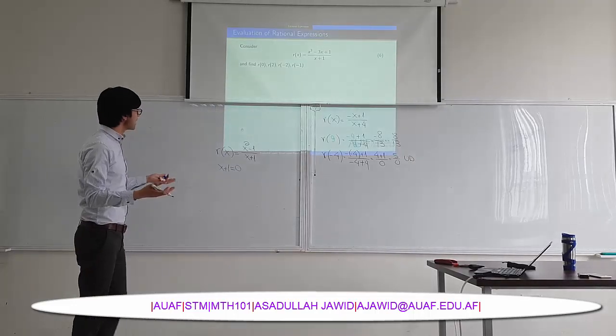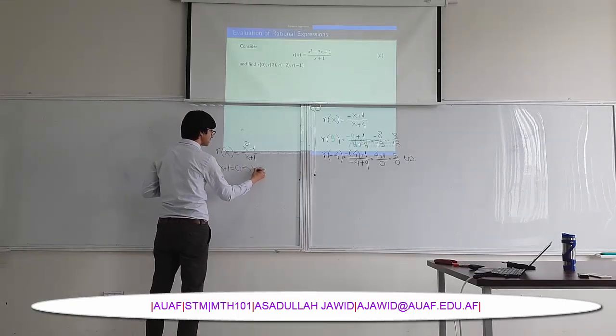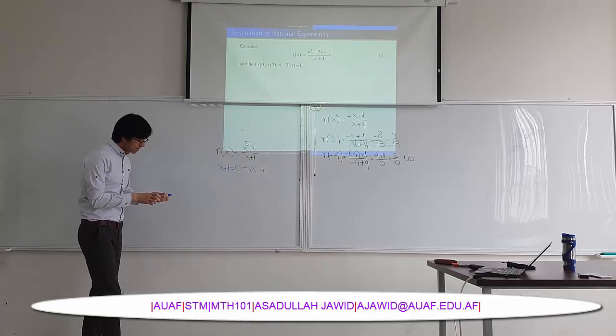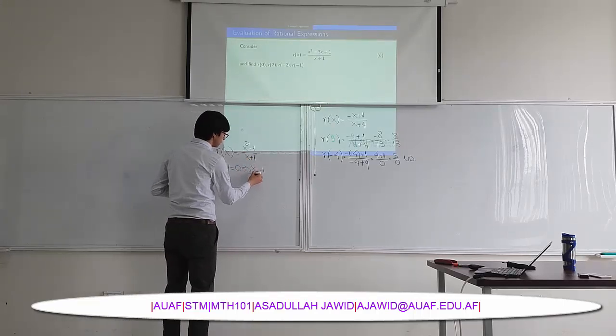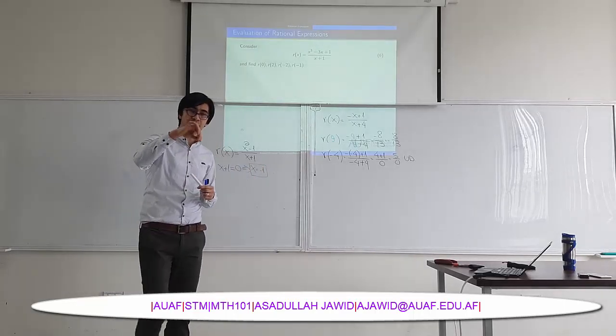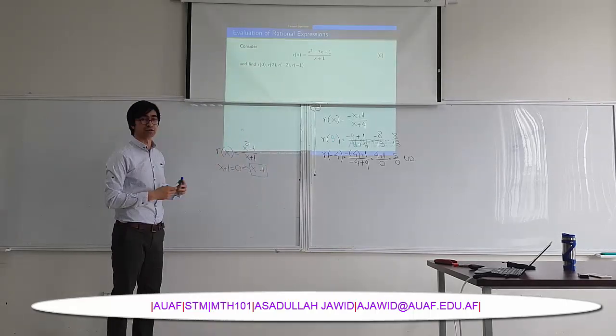Well, this is a very easy linear equation. Let's solve it. From here, x is equal to minus 1. Minus 1 is the value of x for which I cannot evaluate this rational expression. Why?